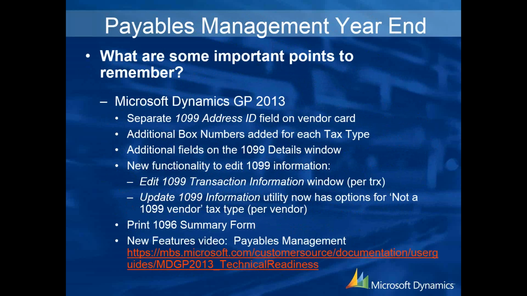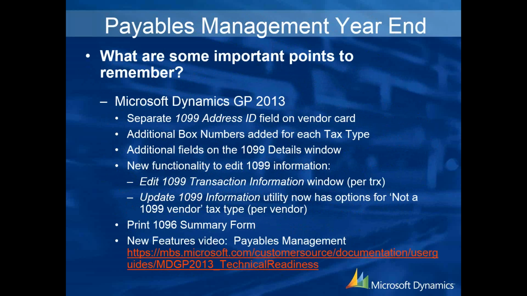So important things to remember about payables, because this is typically the biggest closing pain point for most clients. In Microsoft Dynamics 2013, again, a separate 1099 address ID field on each vendor card, additional box numbers added for each tax type, additional fields on the 1099 details window, and the new functionality to edit the 1099 information.